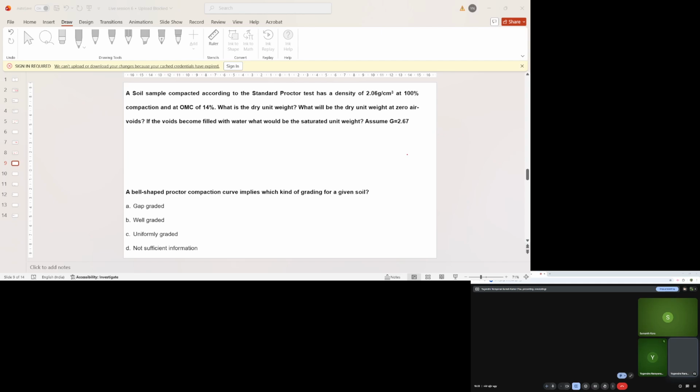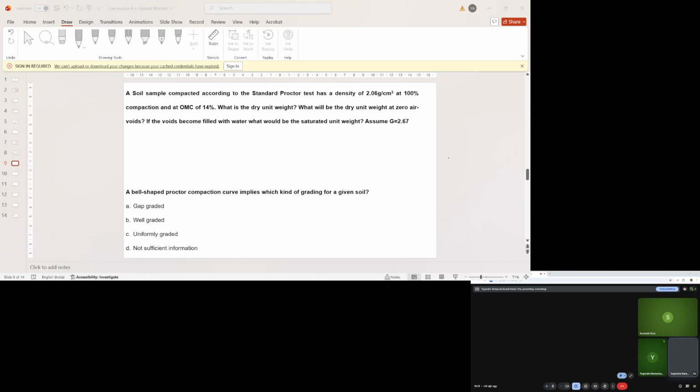How much are you getting? 0.253 grams. That is the amount of water that is present.